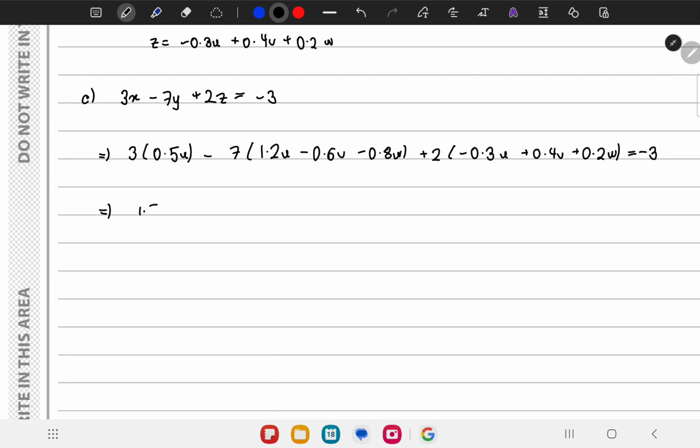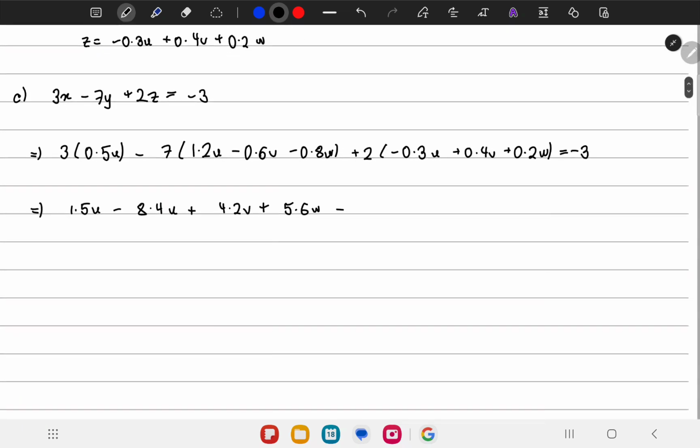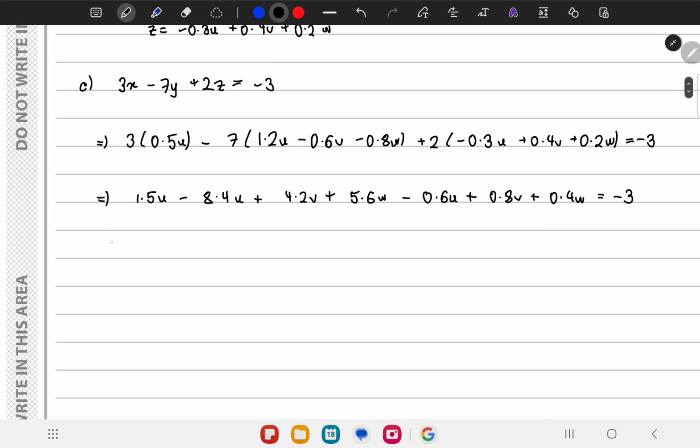So I have 1.5u minus 8.4u plus 4.2v plus 5.6w minus 0.6u plus 0.8v plus 0.4w equals minus 3.